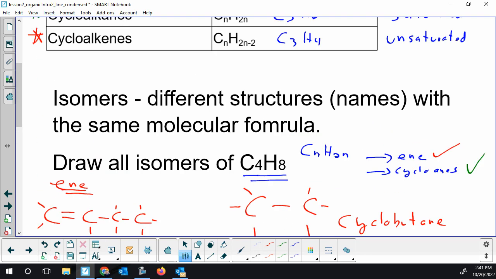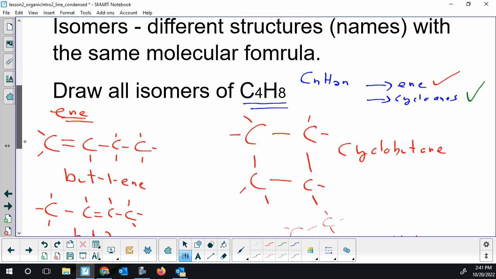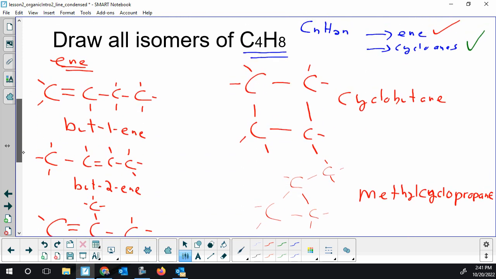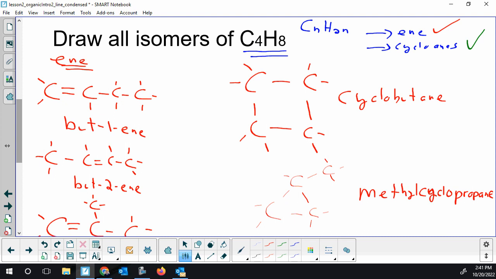Now your diploma is sadly multiple choice. So if this was on a diploma, it'd say how many isomers are there of C4H8, and they'd go 4, 5, 6, 7. And sadly, if you miss one, you're wrong and you get 0, which I don't necessarily like, but that's the downside of multiple choice. If I give this on a quiz and you miss one, well, I could give you 1.5 out of 2.